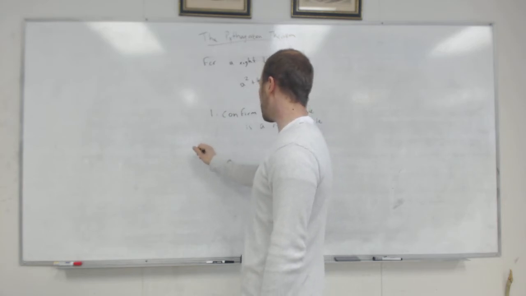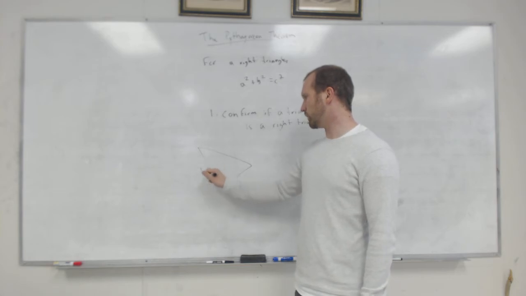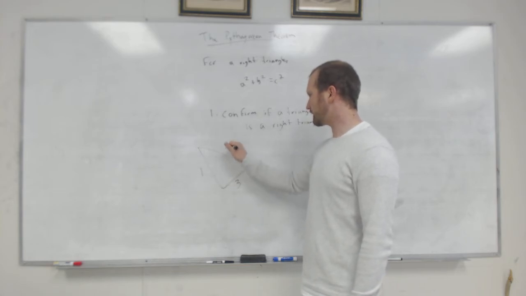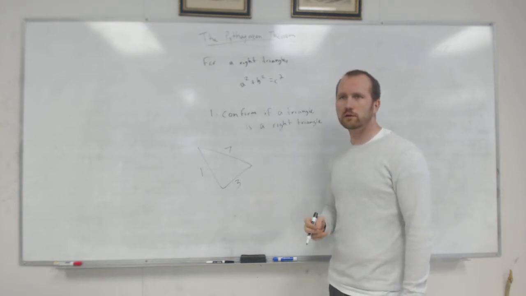So let's say I gave you a triangle and I didn't tell you if it had a right angle, and I told you that the sides were 1, 3, and 7. You can tell me if this is a right triangle.